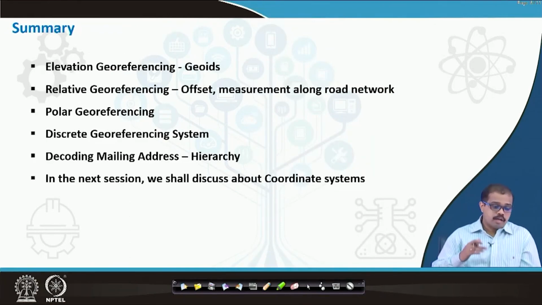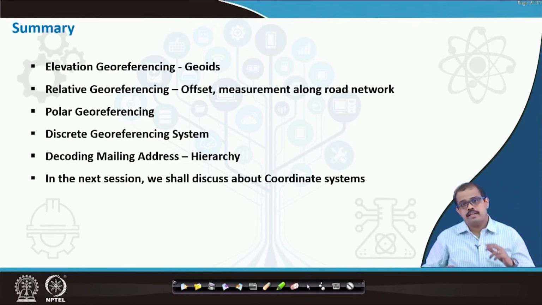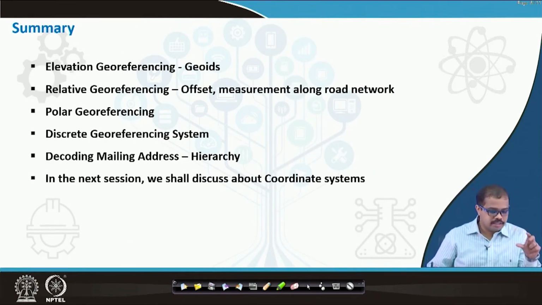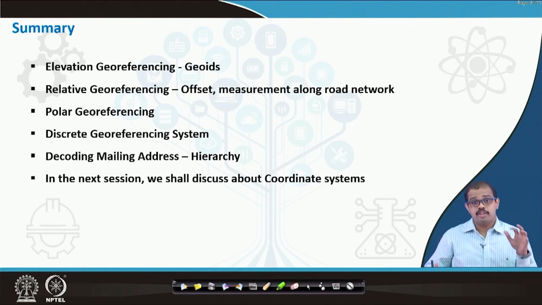Okay, so when we look at this, the first thing we looked at is elevation georeferencing, which is called the geoid. We have relative georeferencing, where we looked at an offset measurement along the road. Most importantly, please remember that the geoid is the representation of the earth's surface at the mean sea level.